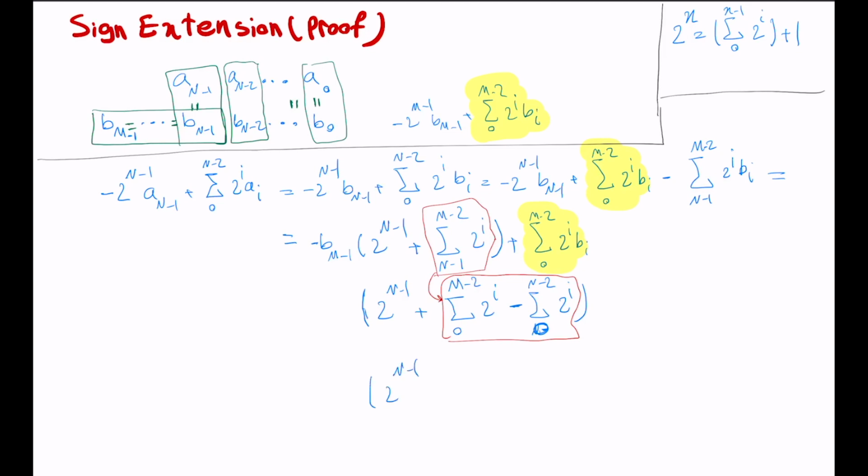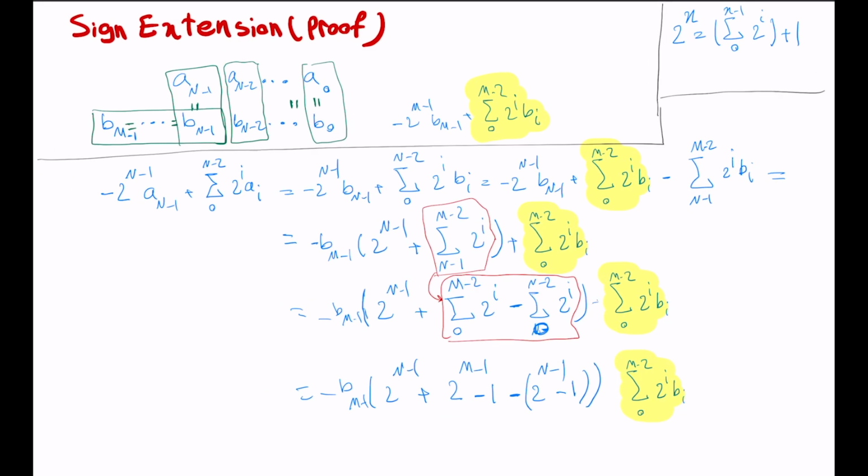Okay, so the first sum is going to be 2 to the m minus 1 minus 1. And then the second one is going to be 2 to the n minus 1 minus 1. Close parentheses. Let me copy all these other terms as well. Okay, that's great.